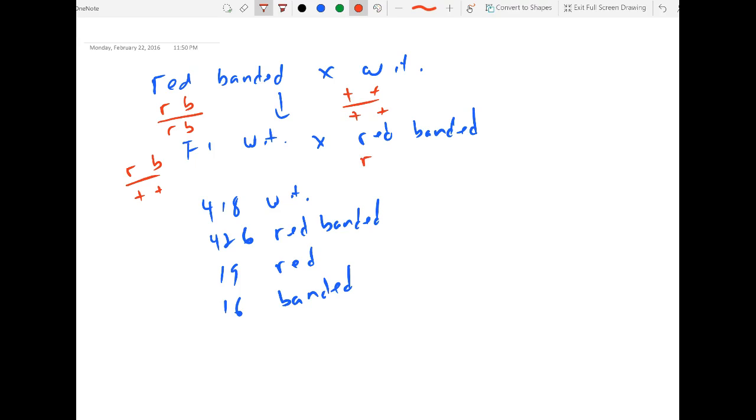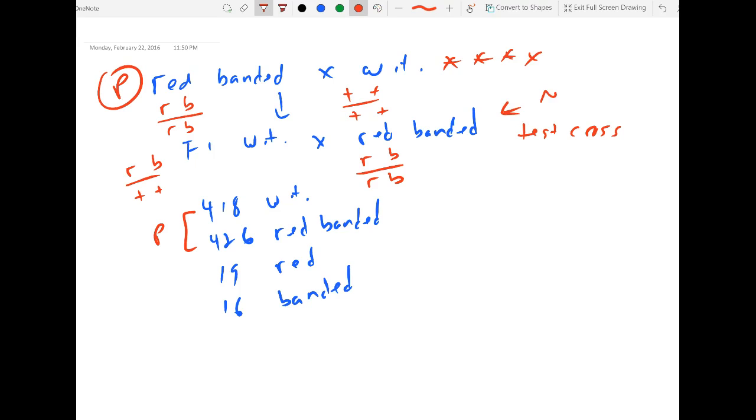This guy has to be homozygous for both because it's a test cross. Now these are the parents. We know these are the parents for two reasons. One, because they look like the parents. These are not parents.